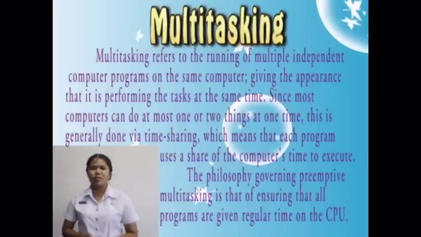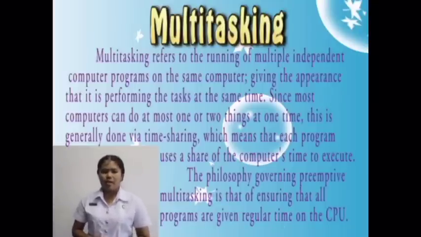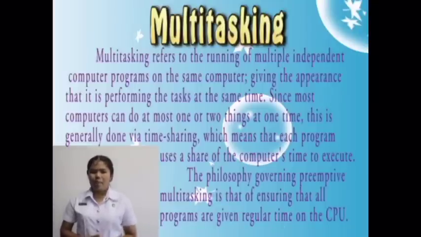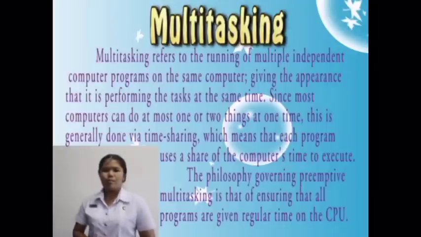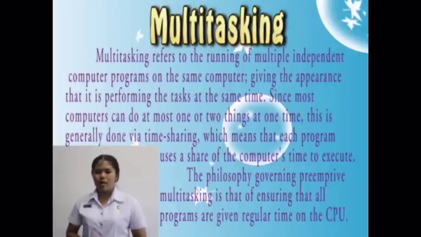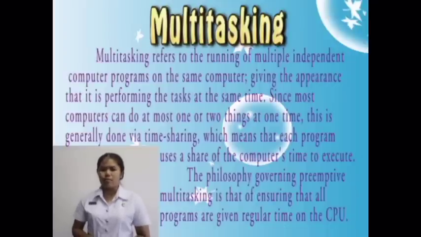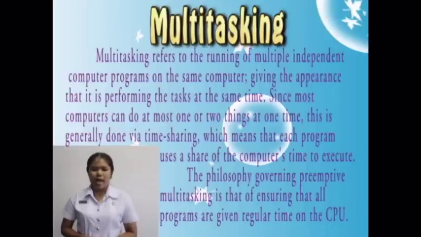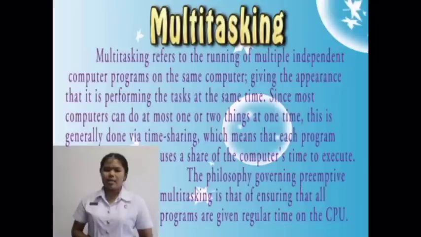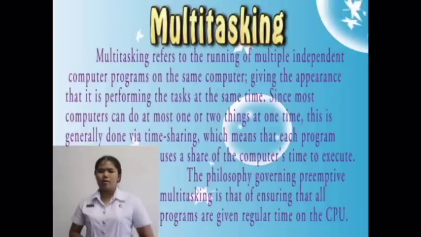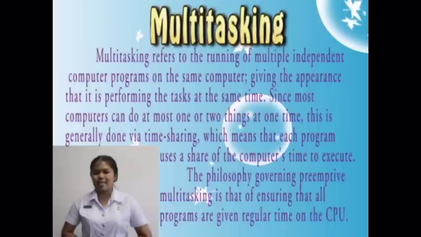Multitasking refers to the running of multiple independent computer programs on the same computer, giving the appearance that it is performing the tasks at the same time. Since most computers can do at most one or two things at one time, this is generally done via time sharing, meaning that each program uses a share of the computer's time to execute.